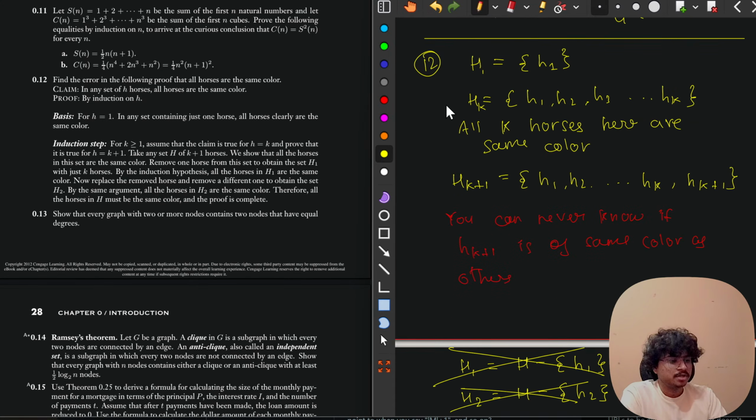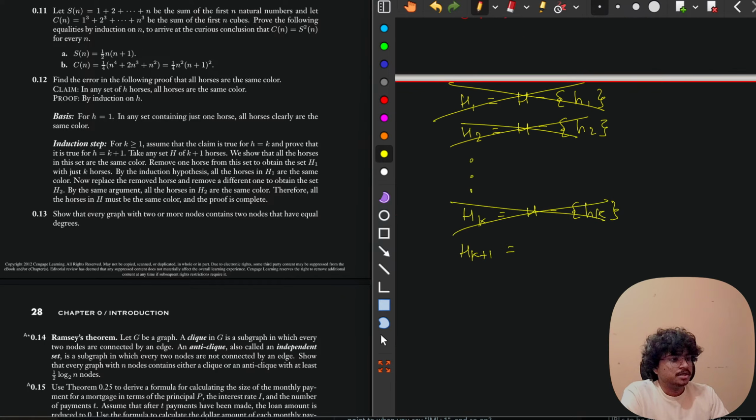Actually, I should not write it as Hk plus 1. I should just write H equals this, and Hk plus 1 equals H minus Hk plus 1, and this is going to be true. Only this statement is going to be true and the rest are false.